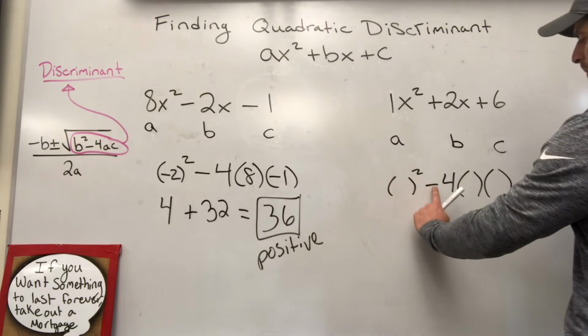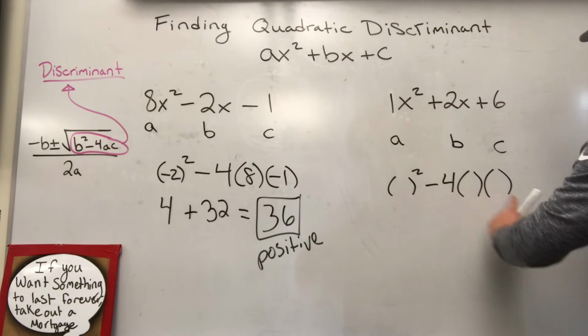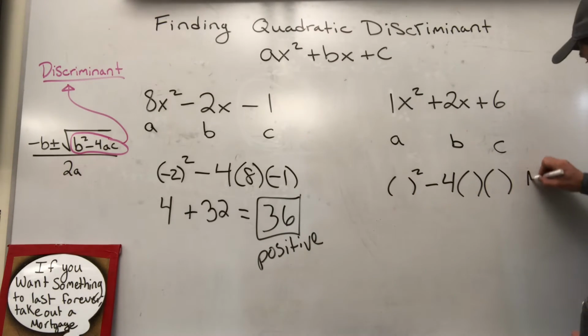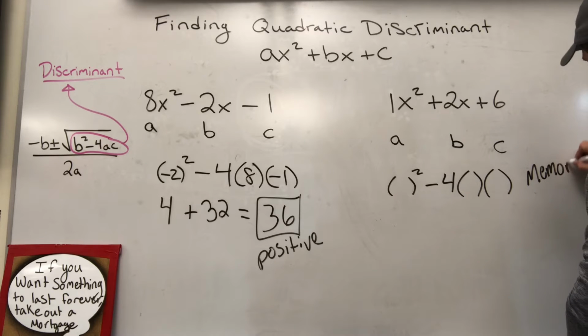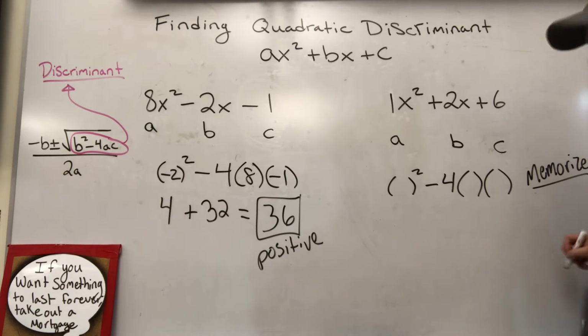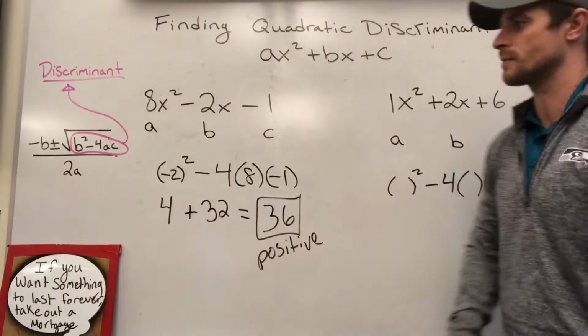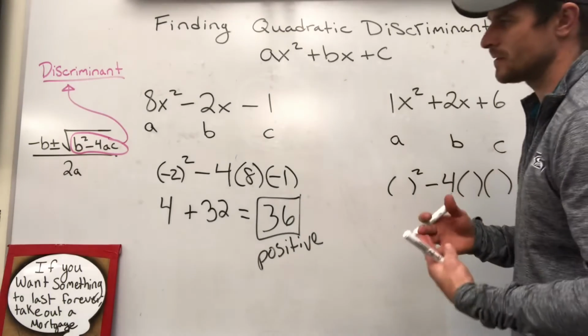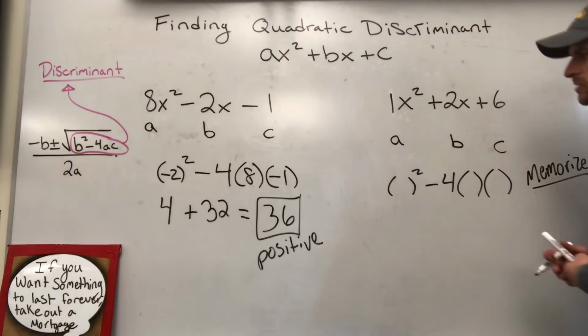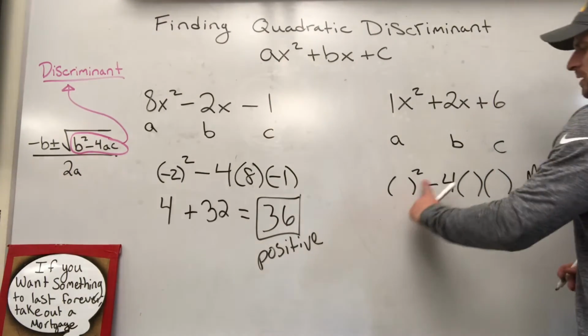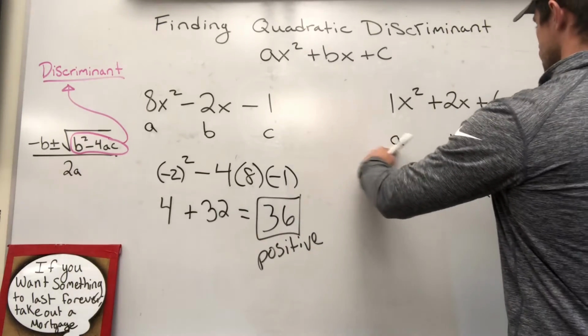B squared minus 4ac. By the way, you should memorize the discriminant. Memorize, memorize, memorize. You actually want to memorize the whole quadratic formula, but specifically what's inside that square root. That's super important. Okay, so b squared, I look here and I say, what's my b term?